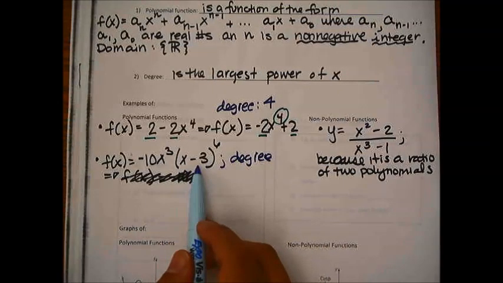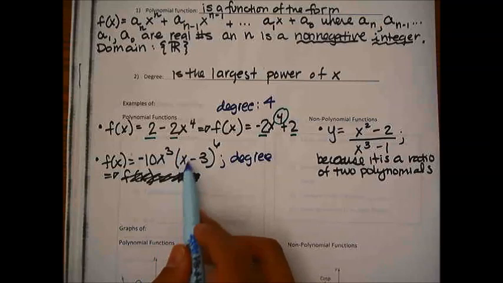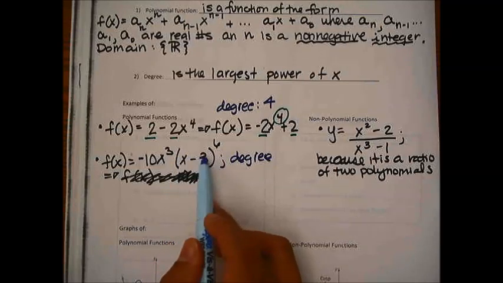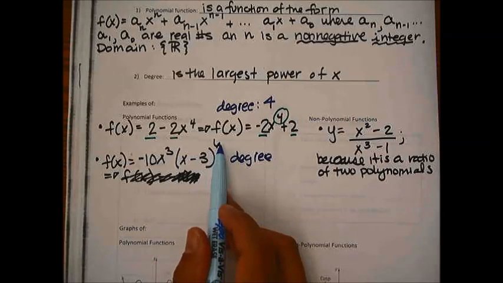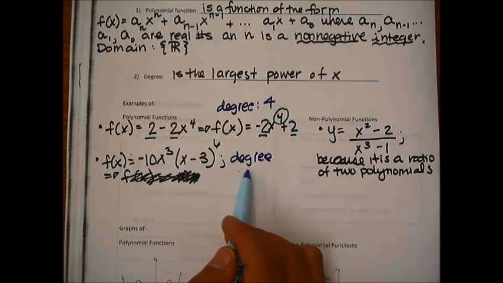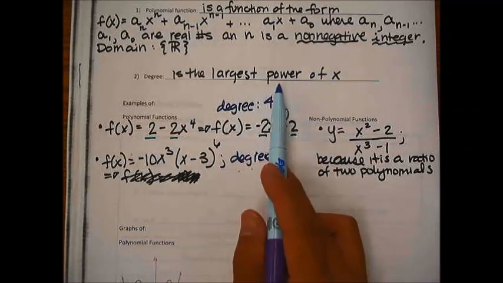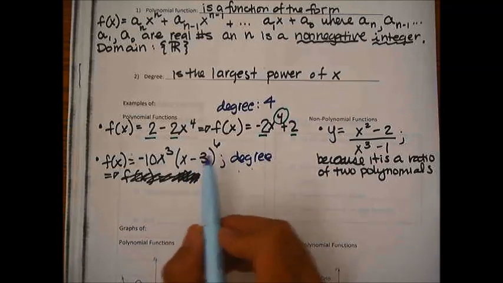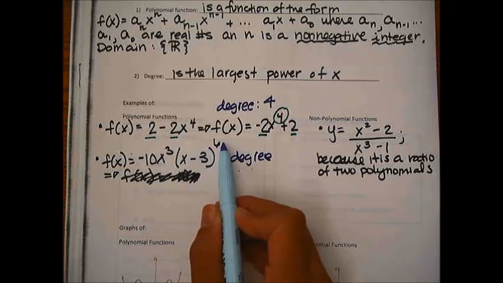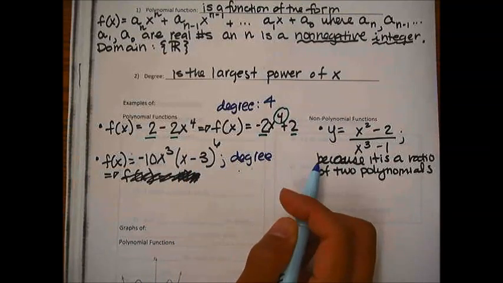If I were to sit here and multiply it out, my very first term should have a power of 6. I don't need to worry about anything else when I'm talking about the degree, because I only need to worry about the term with the largest power of x. So this is x to the 6, when I FOIL out all 7 of them.